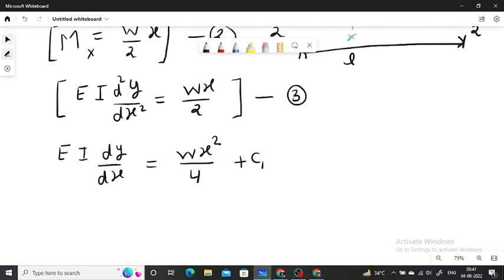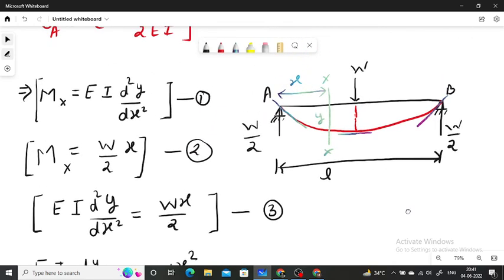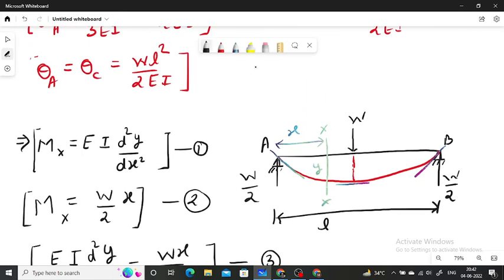For determining the value of this integration constant, we have to apply the end conditions. Now, in a simply supported beam, the end conditions are at the point A where x is equal to 0, the deflection at the point A is 0, but the slope at the point A will be the maximum.